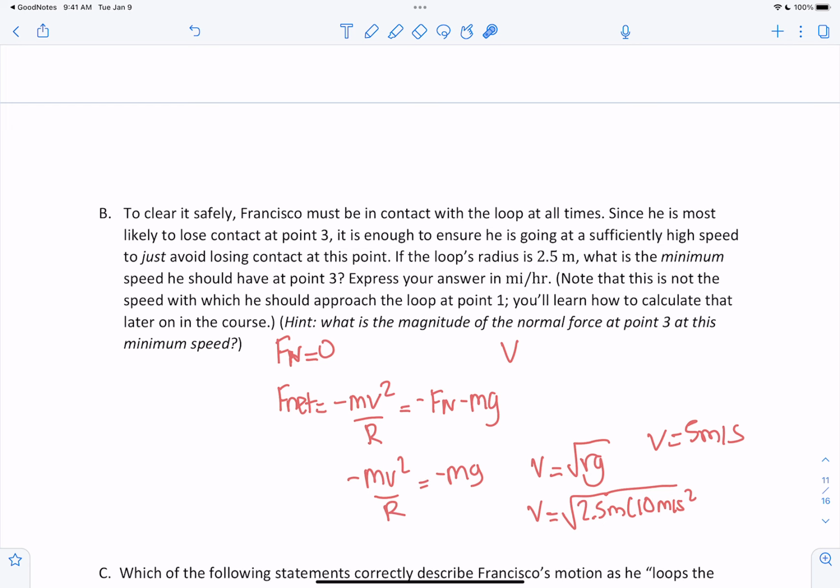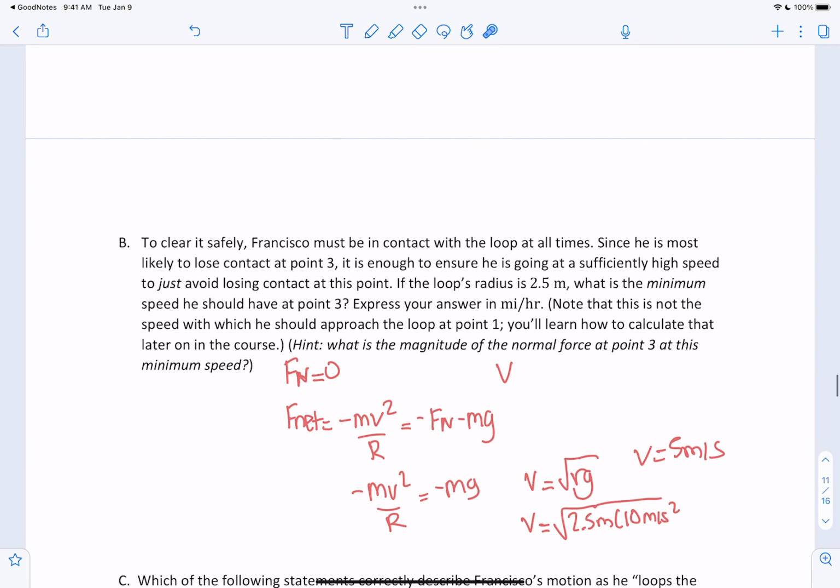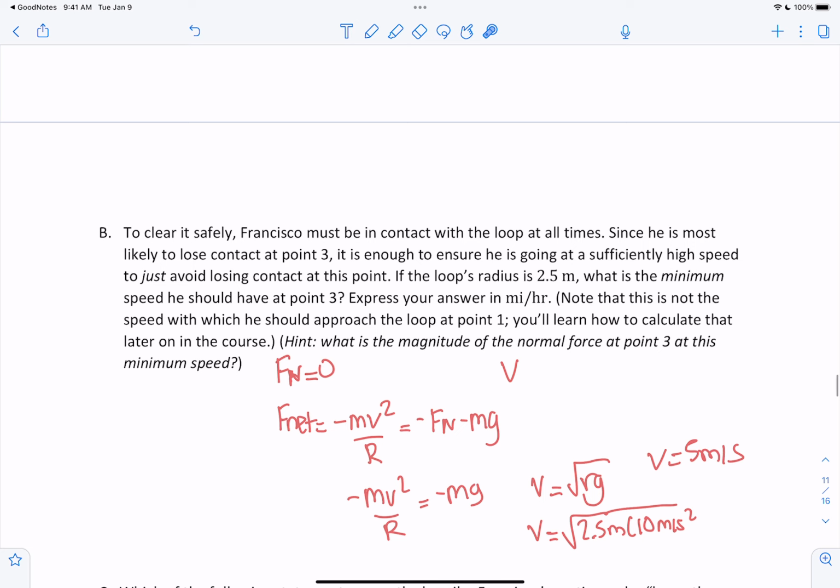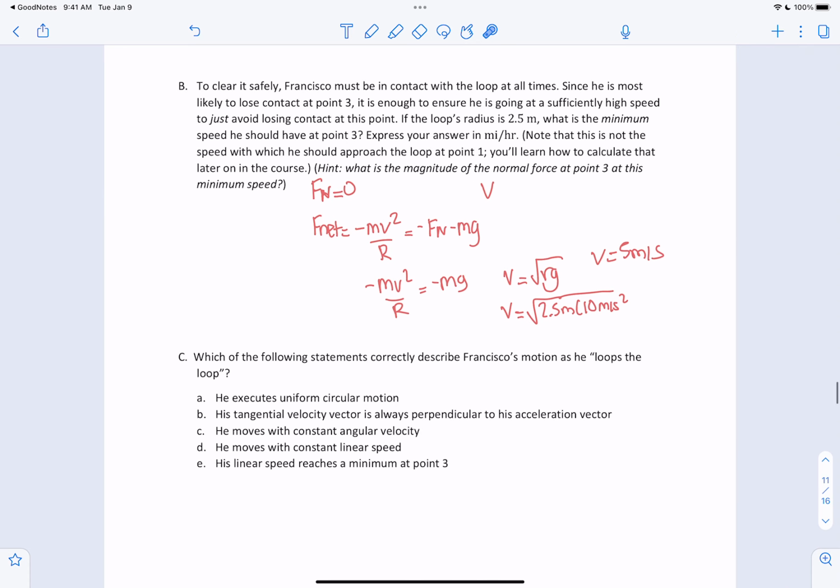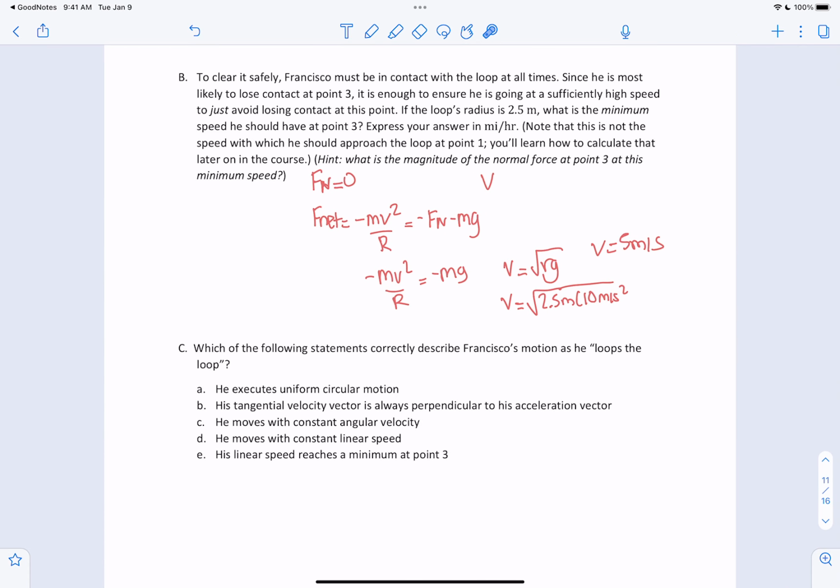And so we want to make sure that there's a minimum speed he travels with up to point 3 that's going to keep him still in contact with the track. So considering the fact that he stops pedaling, his motion isn't uniform, because he's slowing down on the way up, and he'll probably speed up on the way down, right?